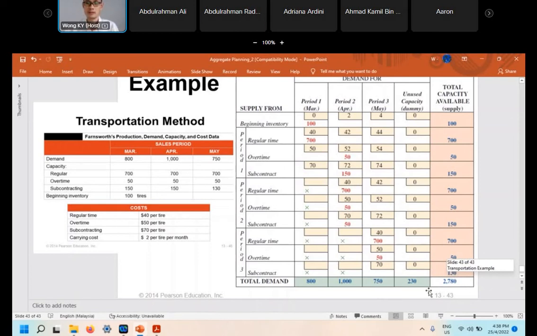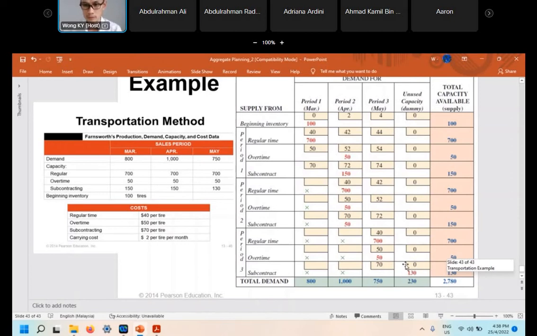Okay? Now, it's basically done, but at the same time, you know that at certain point, I have unused capacity. Right? For example, this 130 is not used at all. So it means you just have to assign it in the dummy column because the dummy column represents unused capacity. So this 130 units of capacity is not being used.